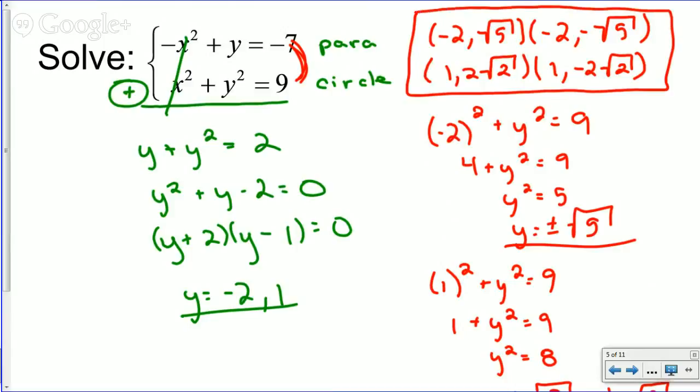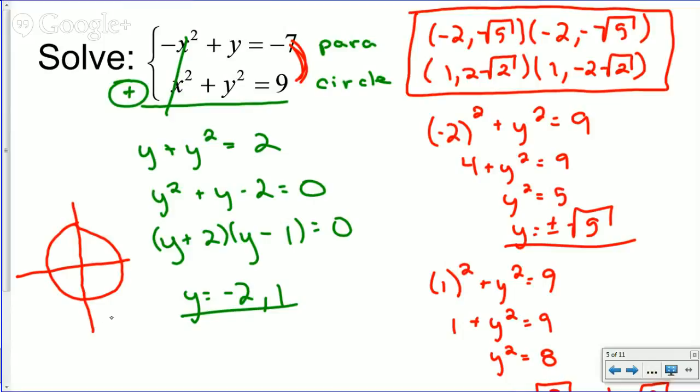Okay, so let's just take a look at this here. If I have my circle, it's centered at 0, 0 with a radius of 3, so maybe looking something like this. This parabola would open up, but went down 7.